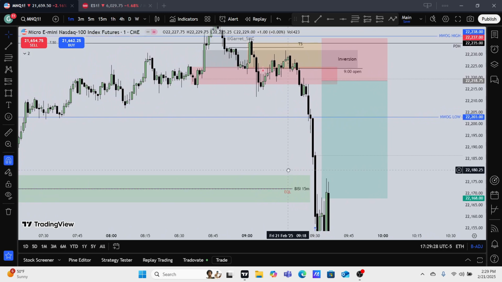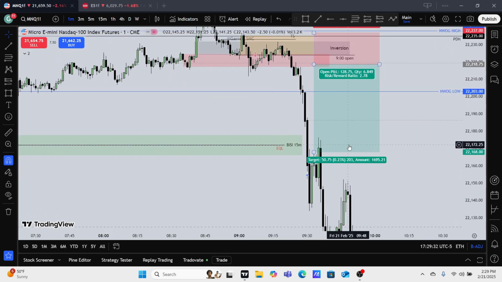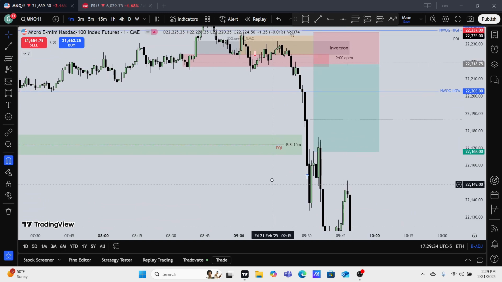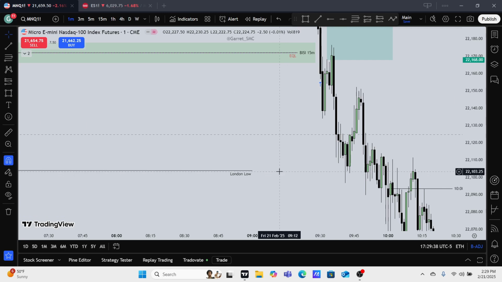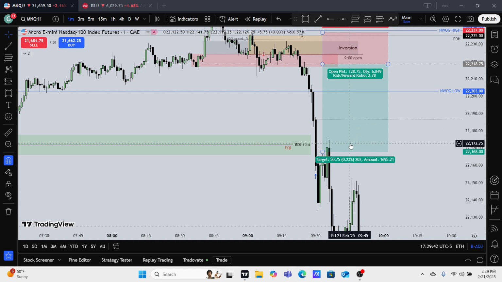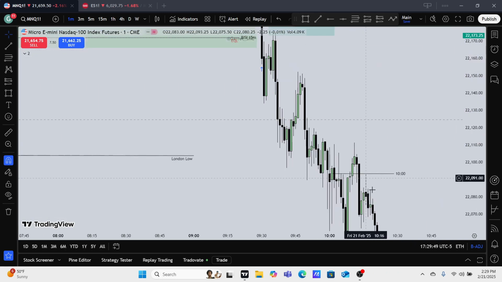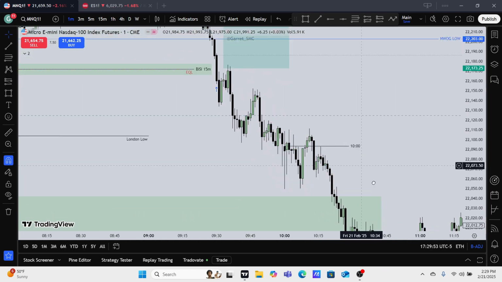The only critique I have on this trade I took is I should have sold half my position here at my first target, and I should have held the rest for this London low, because as we can see here, although I did capture around 45 points, which is good, I left a lot of points on the table because we just continued to sell off today.